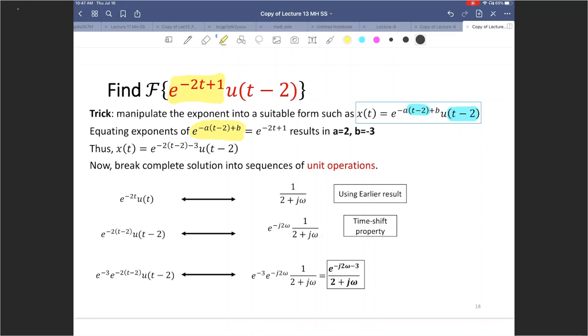And when you equate the coefficient of t and the constant, you will see that a is 2, b is 3. So you can rewrite that e to the minus 2t plus 1 term as e to the minus 2 times t minus 2 minus 3. And then from before you had u of t minus 2, which will remain as is.